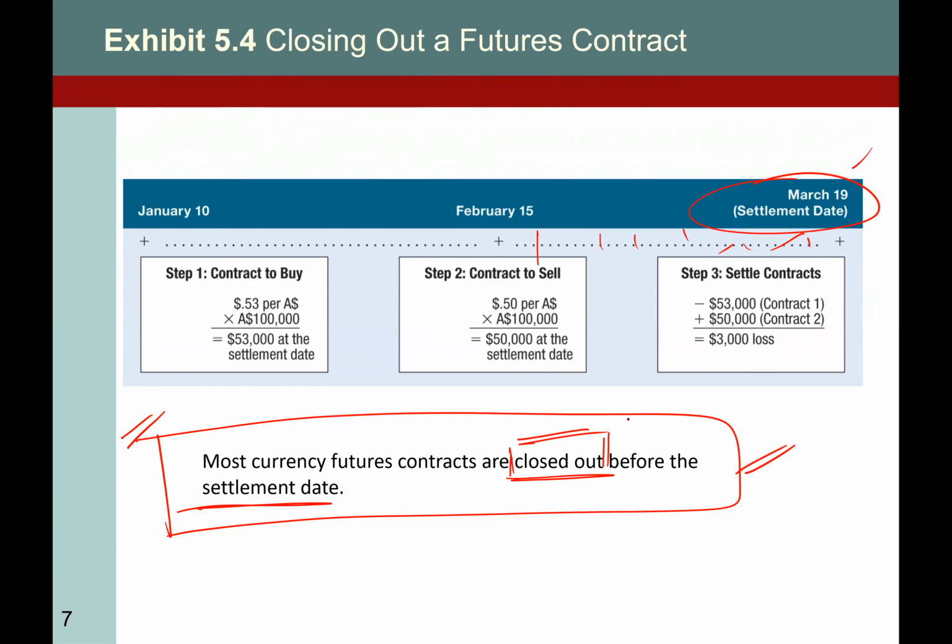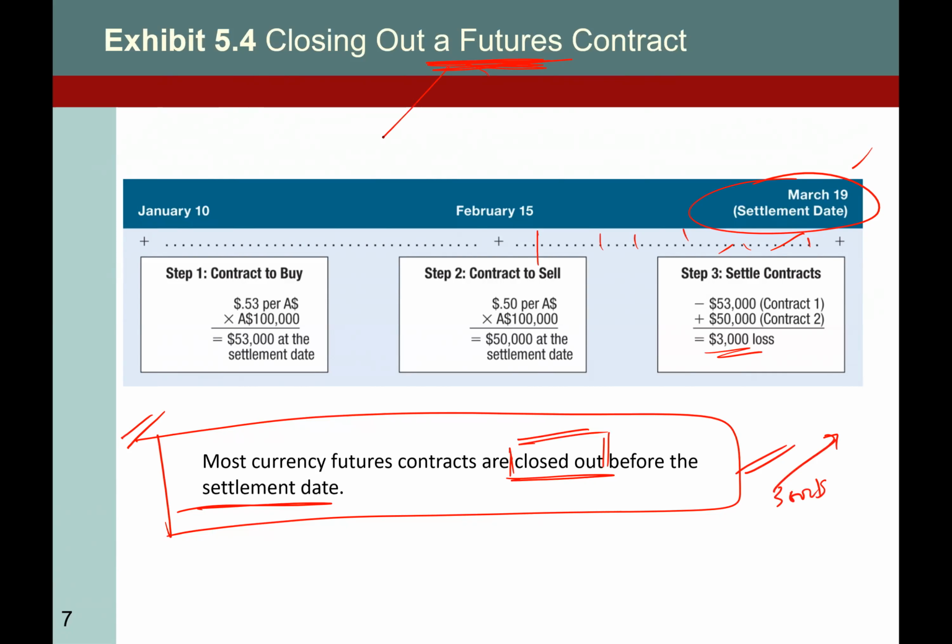Okay, but when you close it out, you give them, for example, this loss. Okay, I will accept this loss, so I'll give you now, and cancel it now. If it's with the same supplier, you can say, look, I'm canceling out. This $3,000 is submitted to your account automatically because this is a future, right?